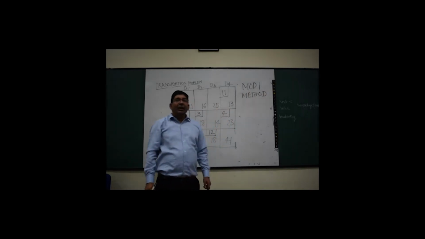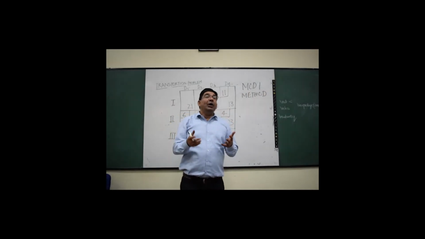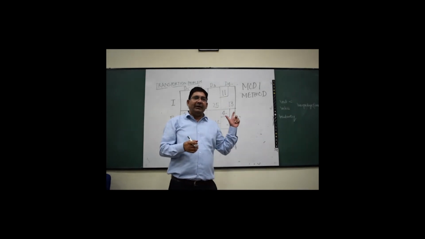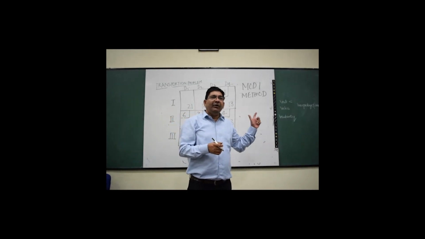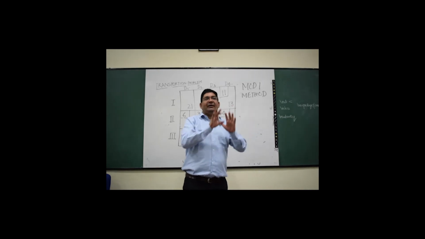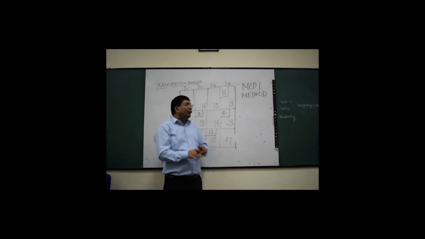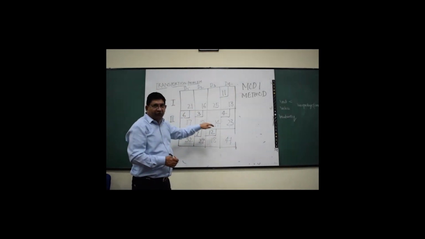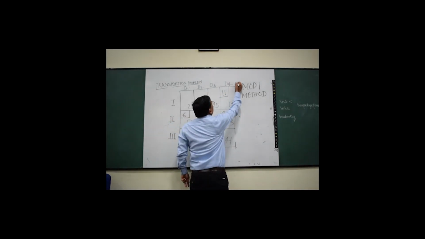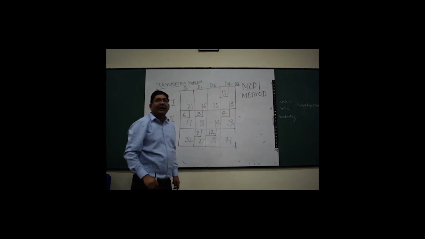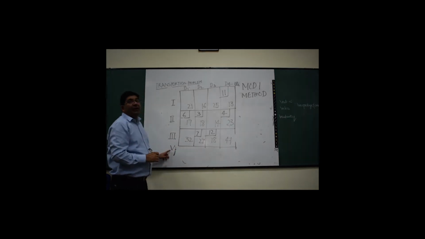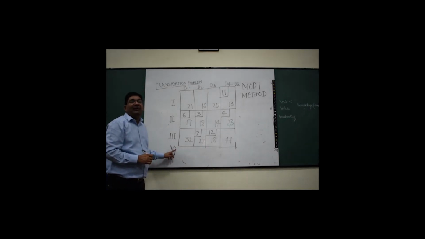We call it the modified simplex method, in short, the MODI method. For that, we find out your variables ui corresponding to your sources and, corresponding to your destinations, we call them vj.